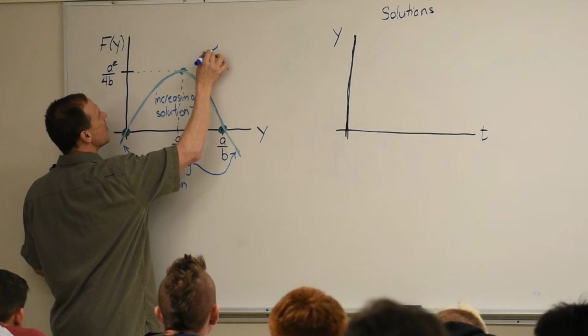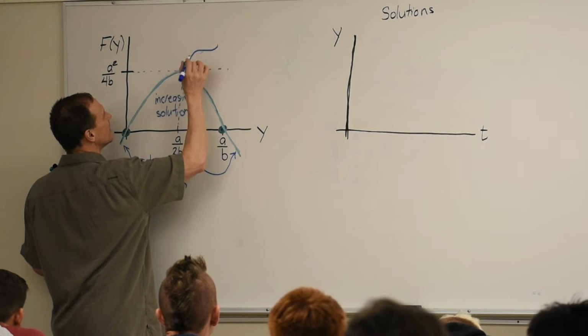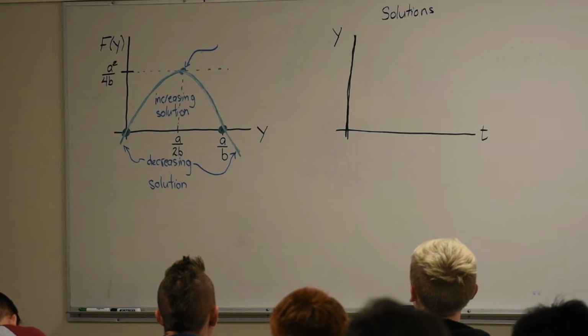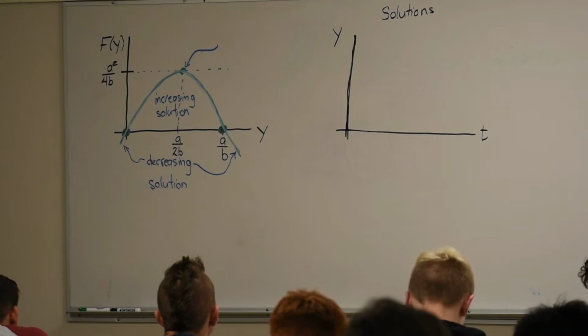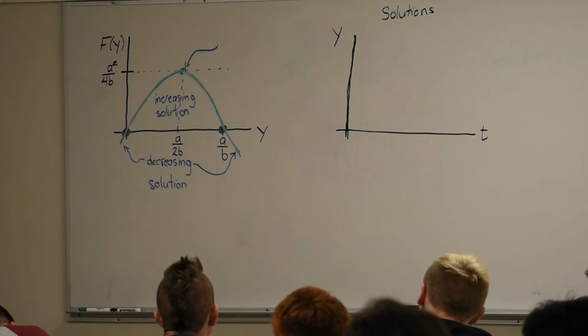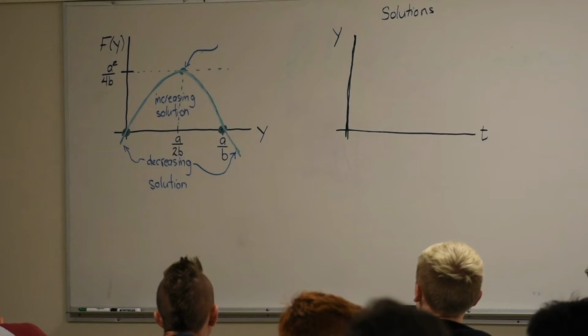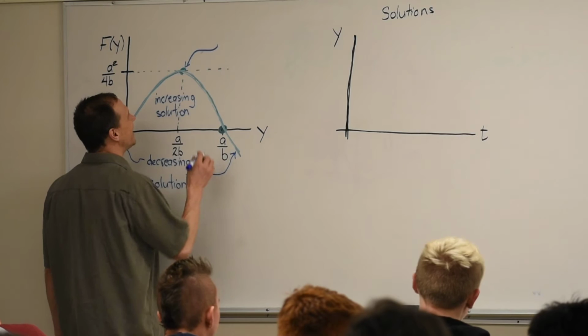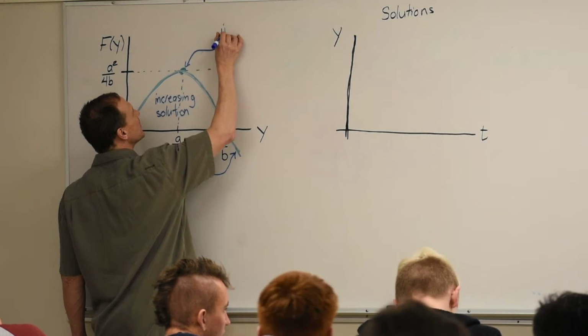What about that? You got a flat spot on the derivative. Second derivative is 0. What do we call that? An inflection point. It's an inflection point.